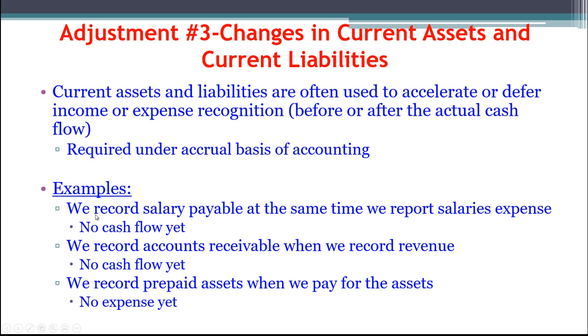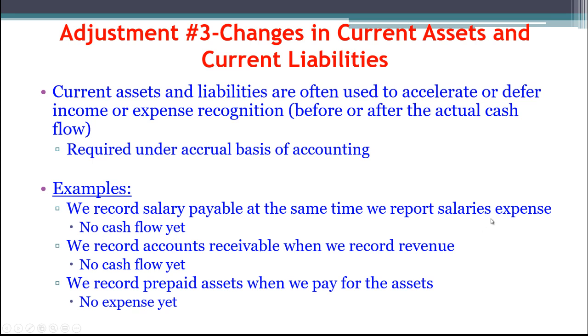When we have a salary expense, so employees have worked for us, we're going to record the expense, but it may not be a cash flow at that time if we haven't actually paid it yet. Payroll doesn't happen for another week or so. So we use salaries payable. So the salaries payable, the current liability, changes because there was no cash flow yet.